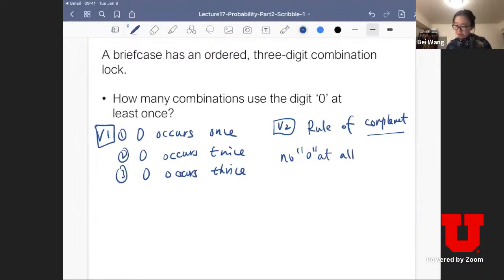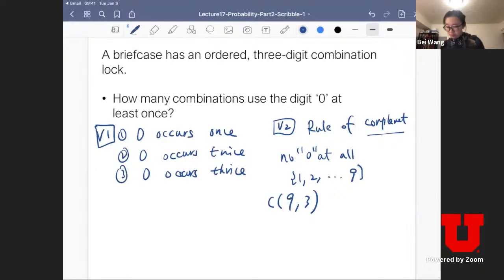So what do I have? If there's no 0 at all, then I only have 9 choices because I only choose between 1 and 9. And in this case, order doesn't matter, so we use C of 9, choose 3 out of 9. That is the situation where there's no 0 at all.